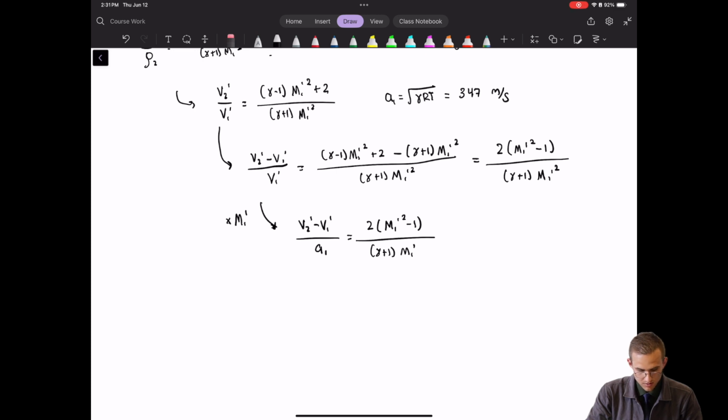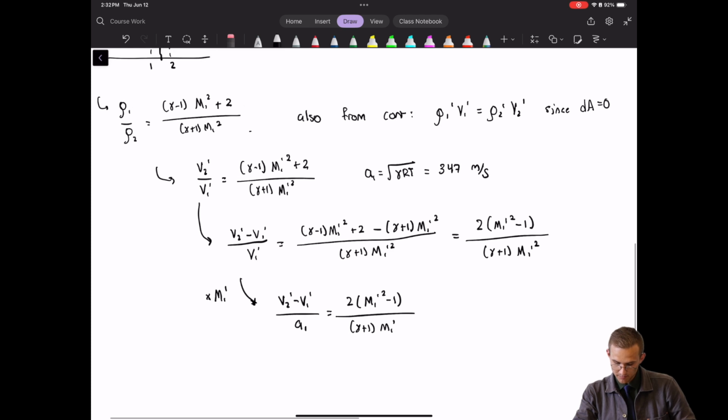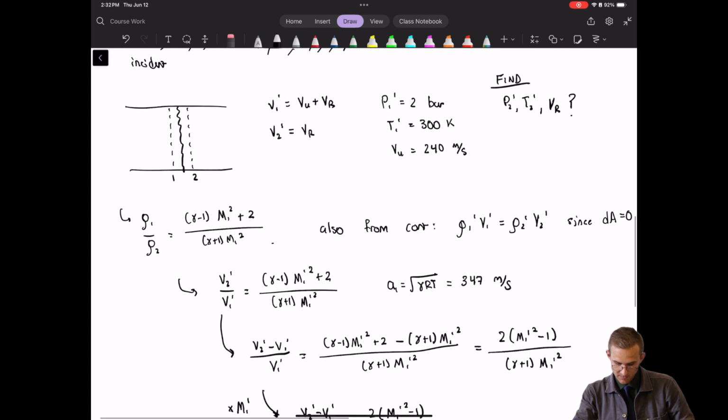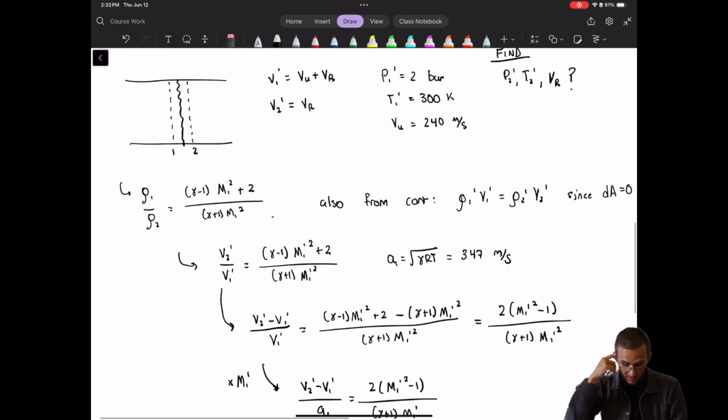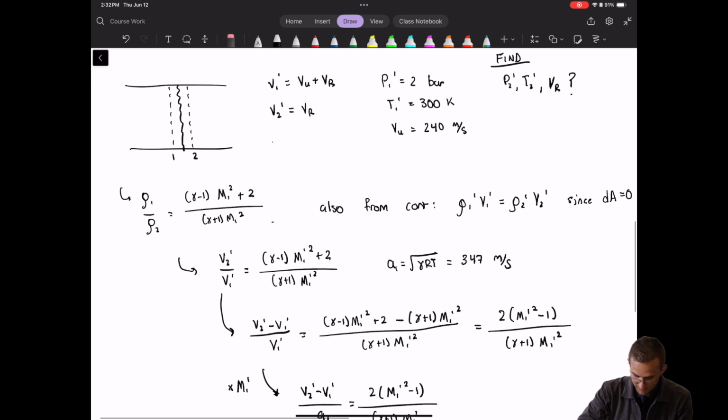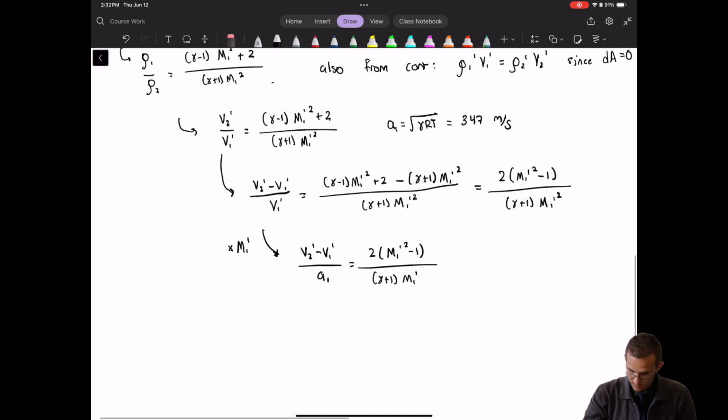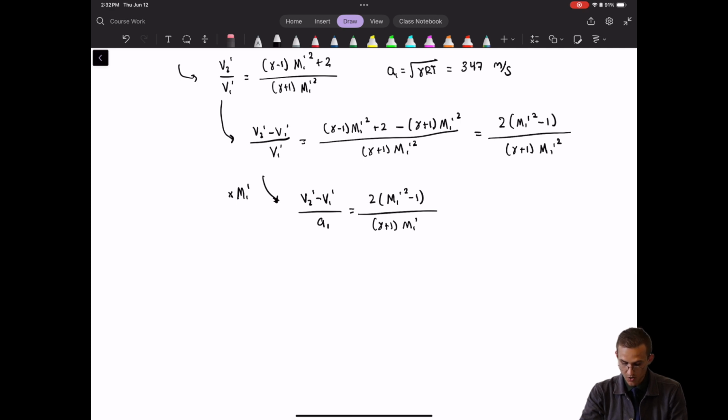And now we can solve for M1 prime because we know what VU is, and V2 prime minus V1 prime is just negative VU, right? So up here, if we did V2 prime minus V1 prime, we would see that that's just going to be minus VU, which is known to start with.